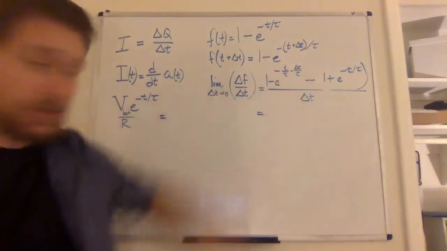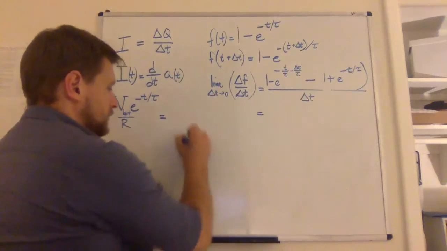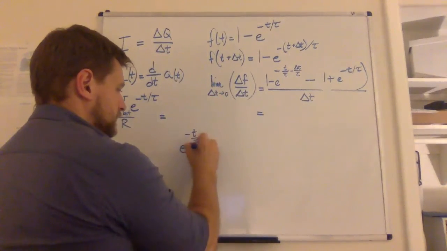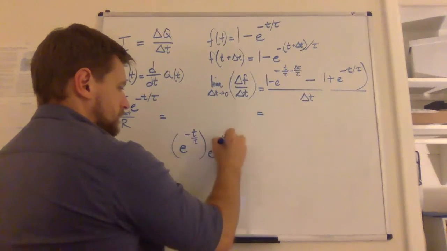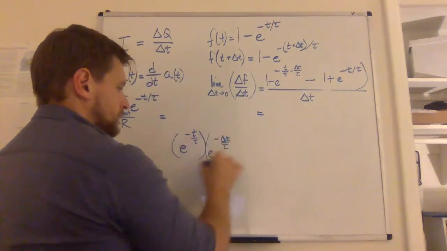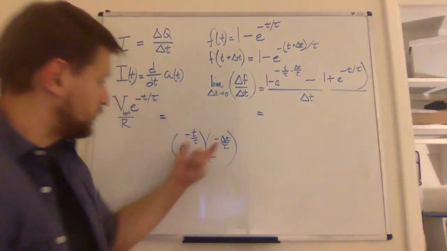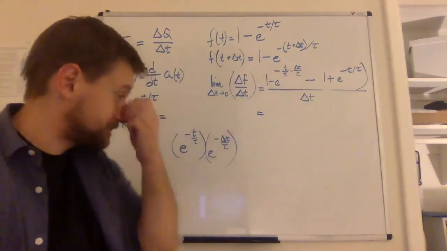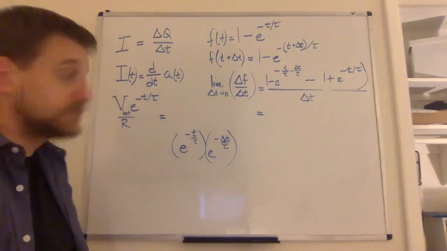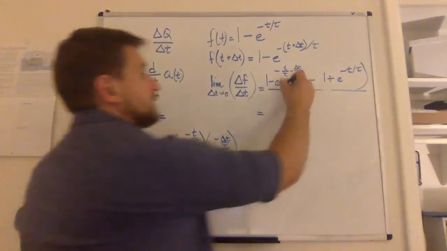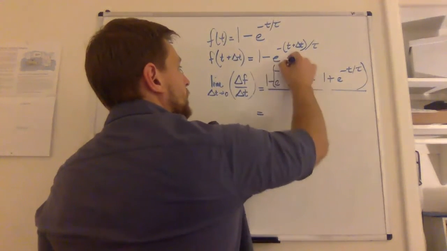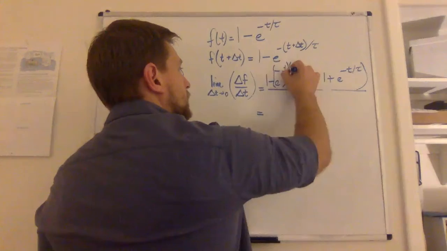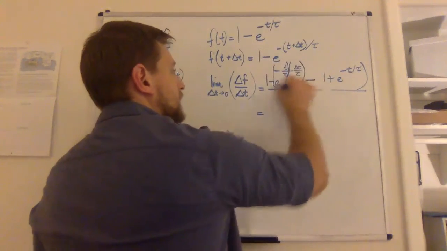So this looks like what happens when we multiply and combine the exponents. So I'm going to make that switch. I'm going to write that as e to the stuff times e to the other stuff.